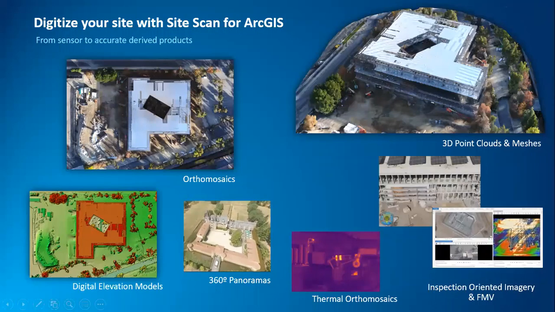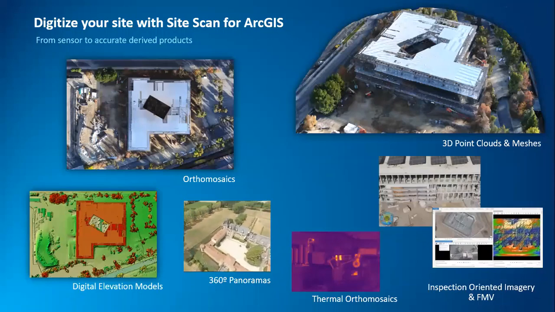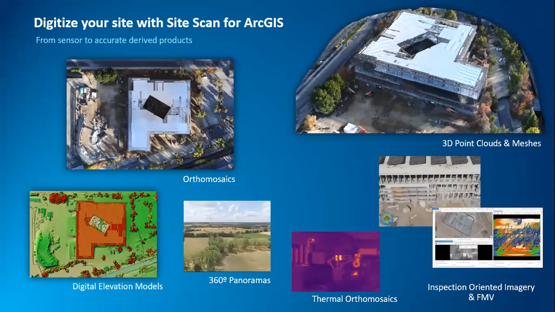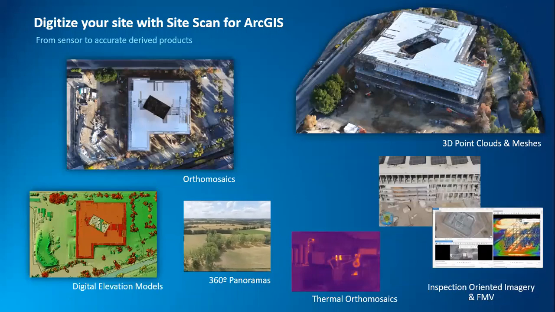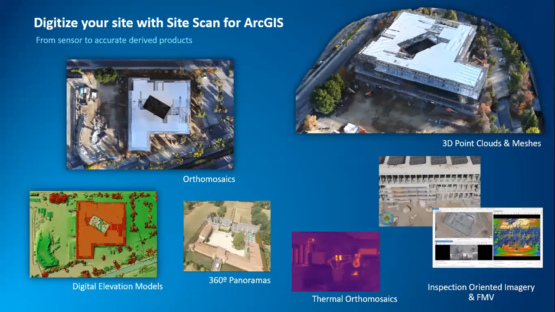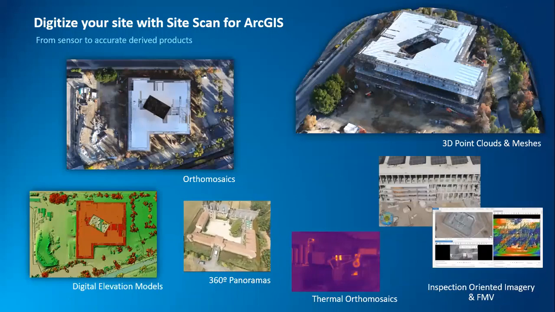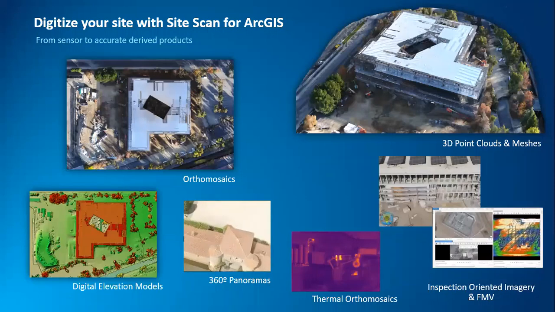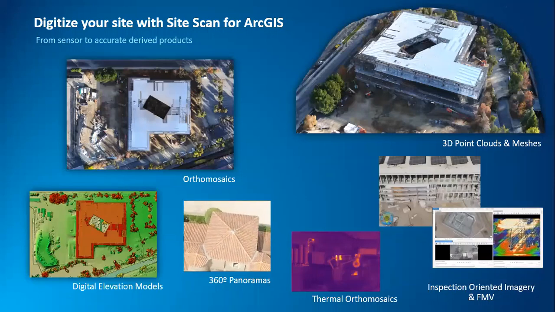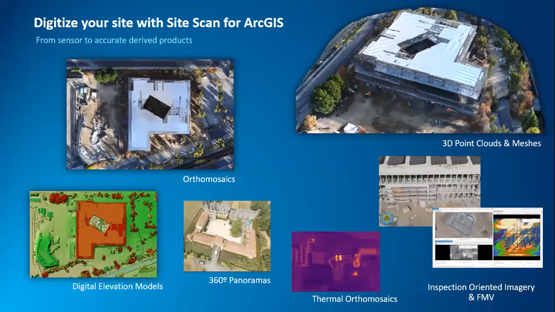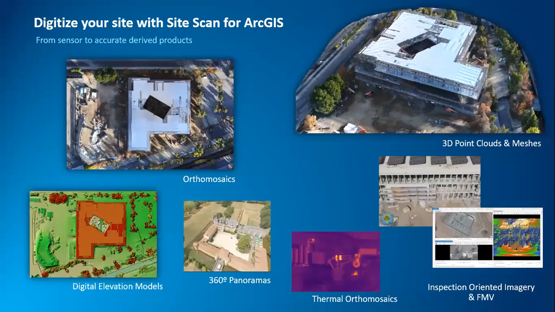Others to mention are the 360 panoramas, which you can get for inspection of your data, and the thermal orthomosaic, to look at the temperature of an area or region, or even a house or a building.